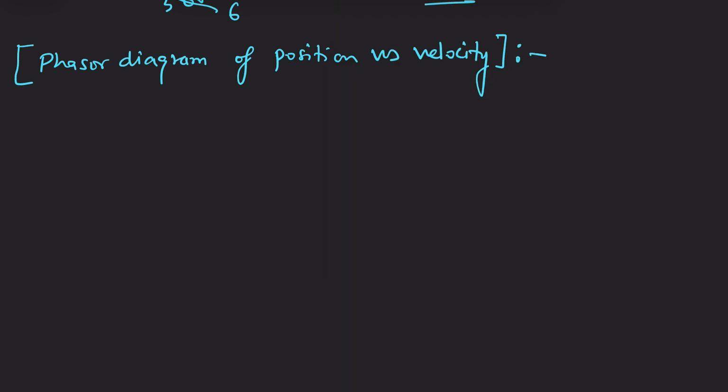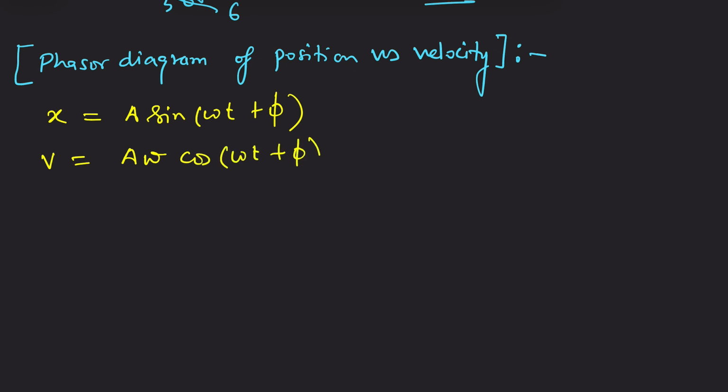So if I write x is equal to a sine(omega t plus phi), we know that v is going to be a omega cos(omega t plus phi).